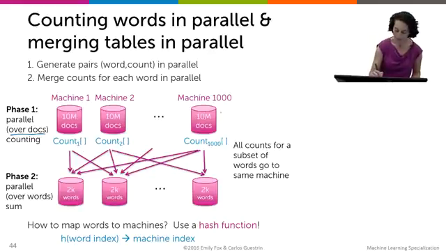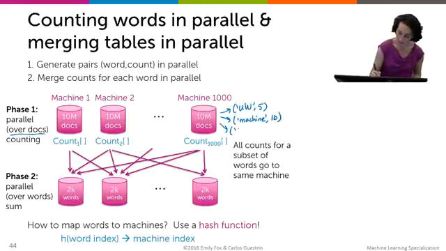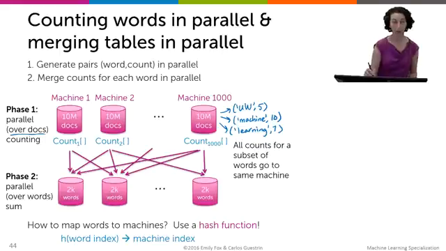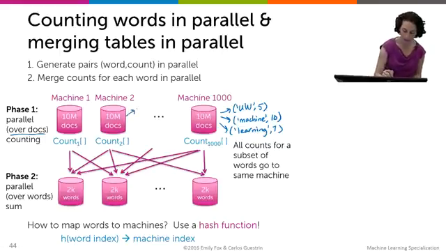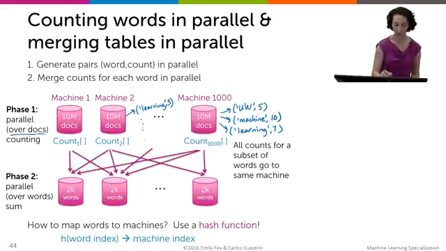So for example, maybe this machine is going to produce 5 counts of the word UW, 10 counts of the word machine, and 7 counts of the word learning. And maybe this machine also has some counts of the word learning. Maybe here we have 3 counts, as well as counts of other words that appeared in the documents on this machine. So that's the step that we described in our previous slide.